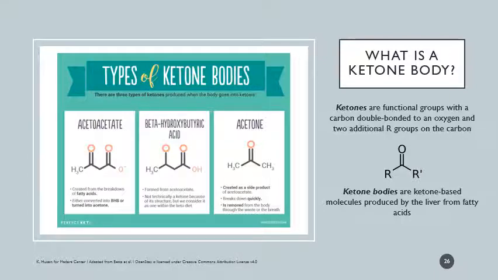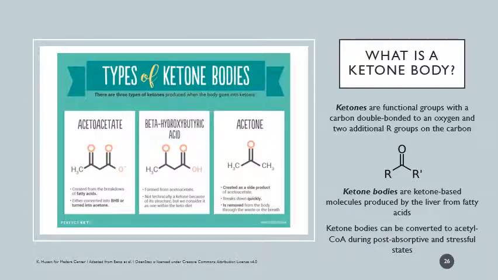One example of that is acetoacetate. It has a ketone, well, it has a couple ketones actually. There's beta-hydroxybutyric acid, which has a ketone, and then another similar looking structure, but with a single bond instead of a double bond. And then acetone, that's a common one that a lot of you have probably heard of.